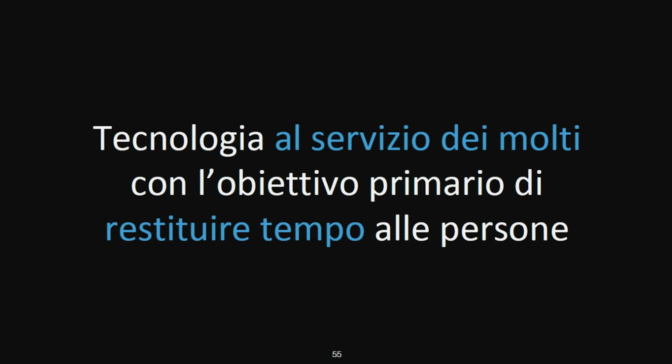with the primary goal of giving time back to people. So what do I mean by this? Why do I say it's philosophical? Because philosophically, a fundamental fact is that our life is finite, so the way we use our time is the essential decision of our life. How I use my finite time, then, is where technology comes in, and I'm proud of being an engineer, someone who designs things and develops technology.